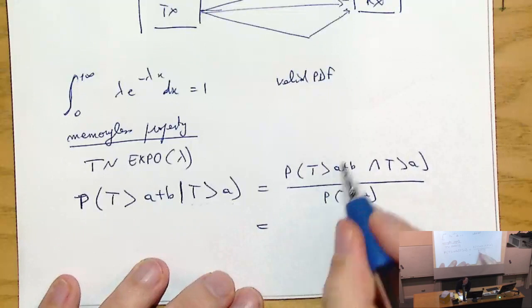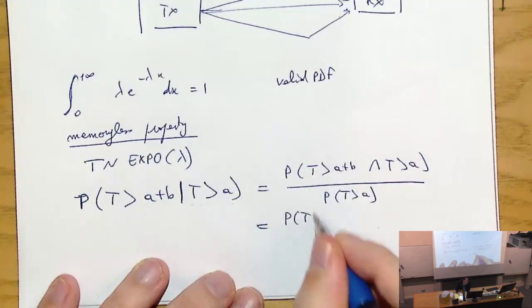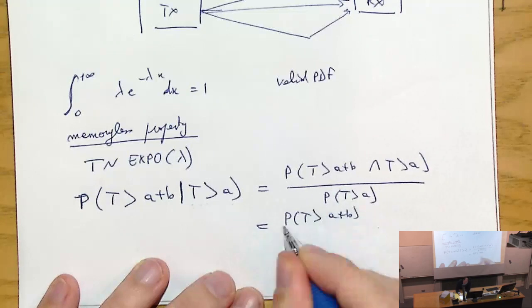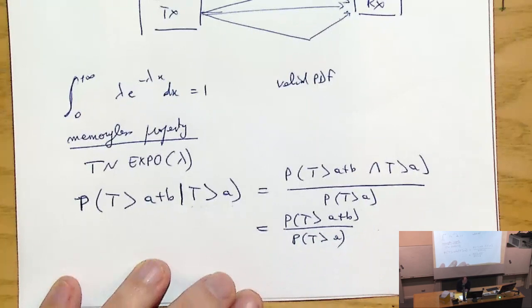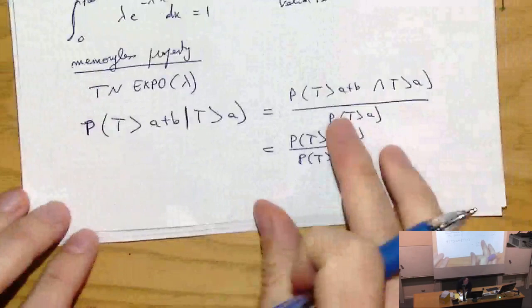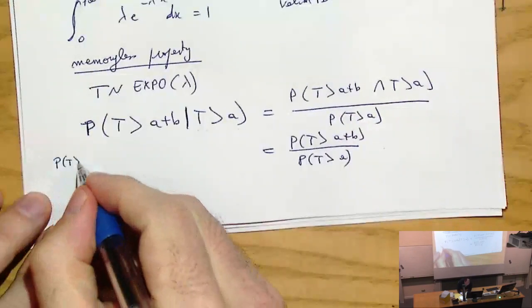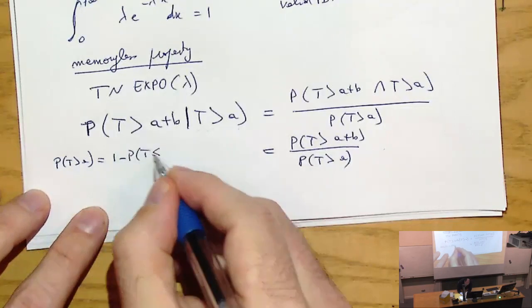What is this? This interval is included in this one, so this is the probability that T is larger than a plus b, divided by the probability that T is larger than a. Okay? So what is the probability that T is larger than a? This is 1 minus the probability that T is smaller than a. Right?